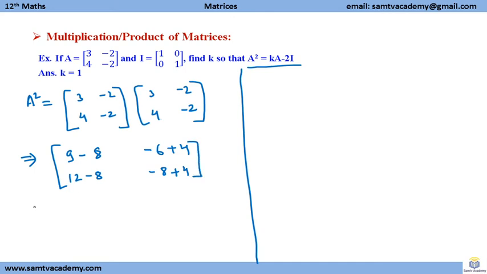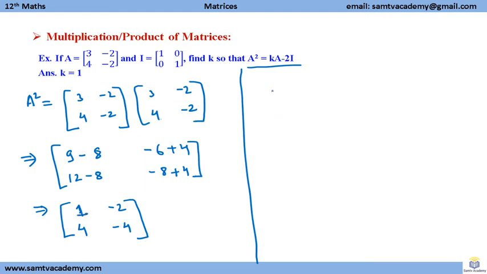So after solving this, we will get the value of A square. A square will be 1, minus 2, this is 4, this is minus 4. Okay, this is A square.